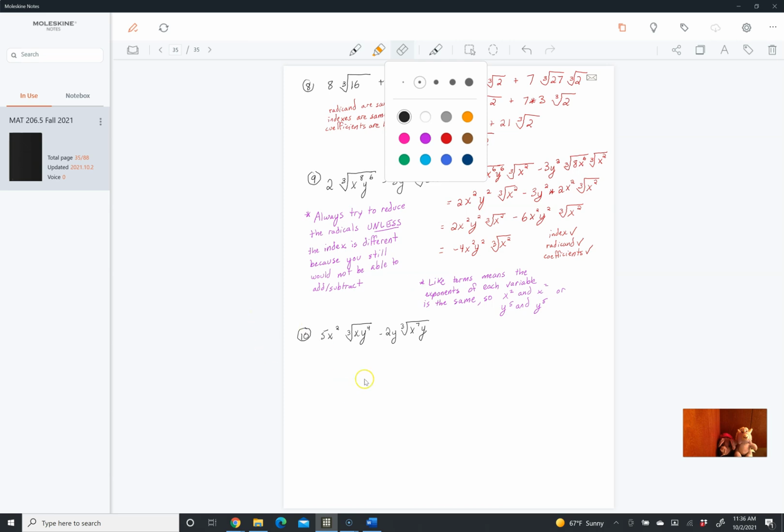Okay, so notice the index is the same, which means we should keep going. Once the index is different, just stop. Okay, but the index is the same. So we keep going, we reduce. So take each one individually and reduce it individually. So we have 5x squared, we're dividing this into perfect cubes, and then what's left over?